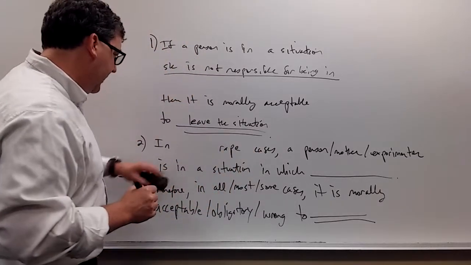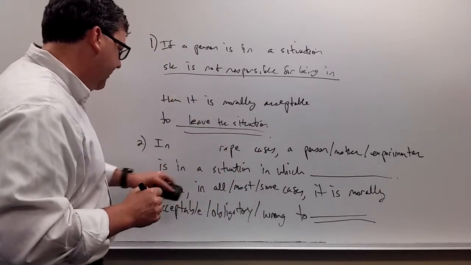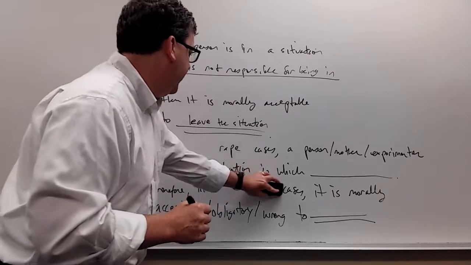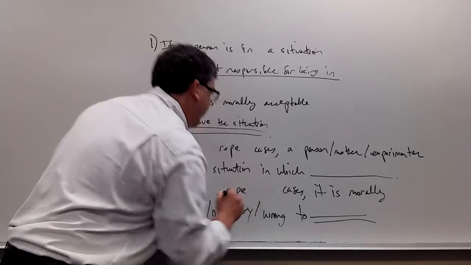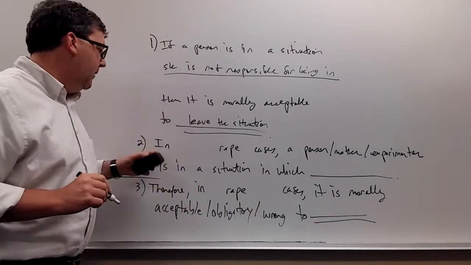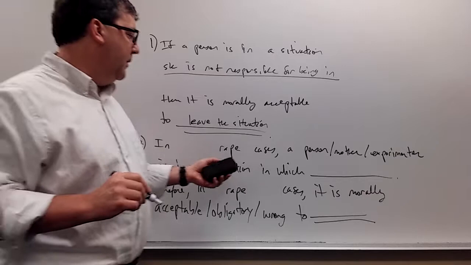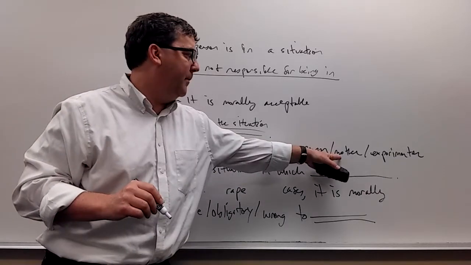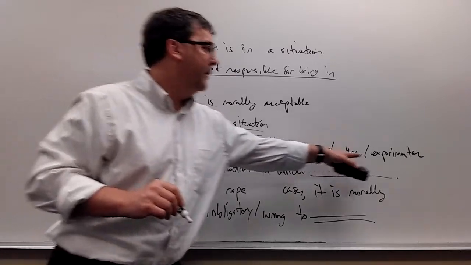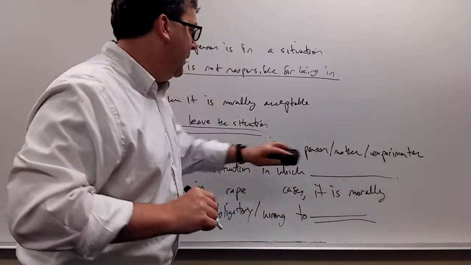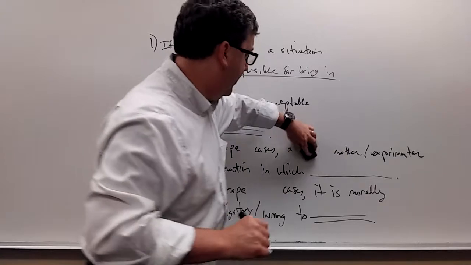So now because we're saying rape cases in number two, we're going to say the same thing here in number three. And now her premise, because it's an argument about abortion, is going to be about a mother. If it's a premise about human cloning, then it's going to be about experimenters. All right, so then we're going to use the word mother.